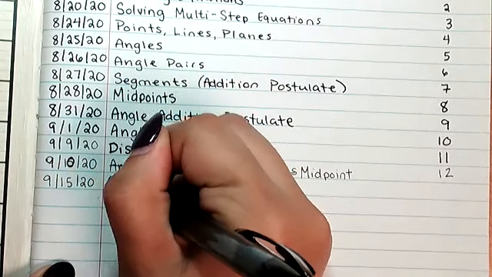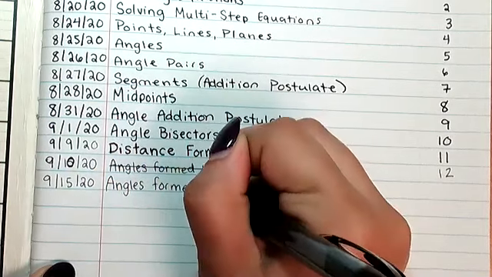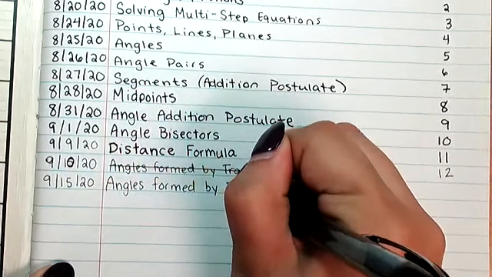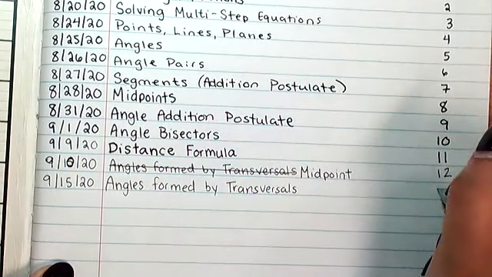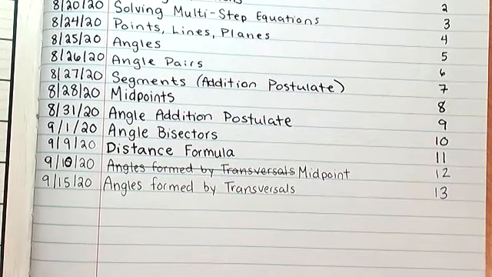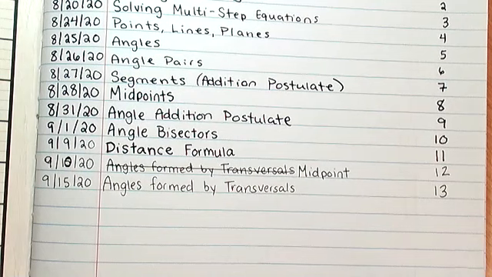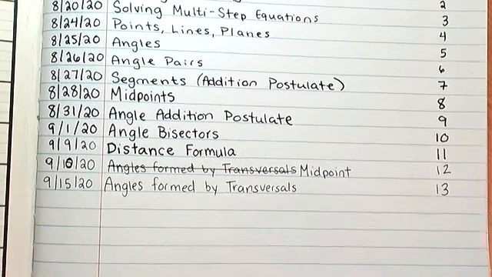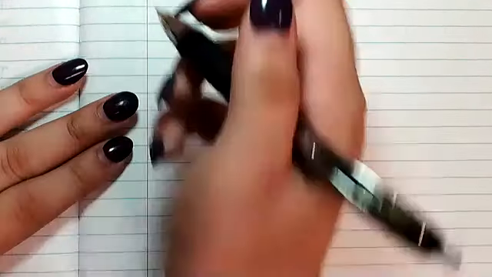So page 13 will be angles formed by transversals. I apologize if that confused anybody. But hopefully not. If you were keeping up with your table of contents, shouldn't have messed you up. I had the mistake because I wasn't keeping up with it.